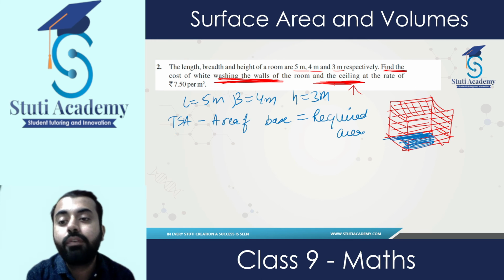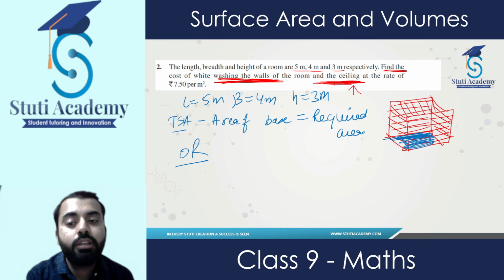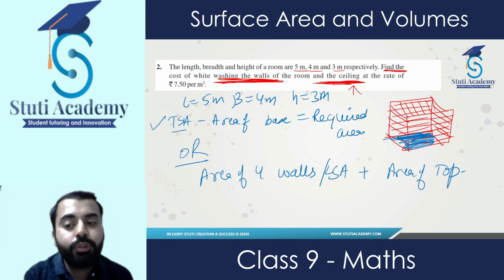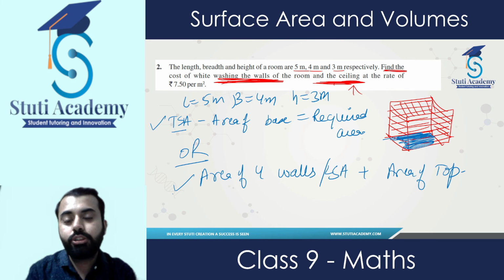So in that case, I can either subtract my area of base from total surface area, or I can do it like this: area of four walls, or you can say LSA, plus area of top. That is totally your choice.